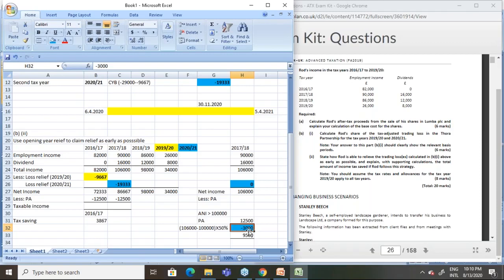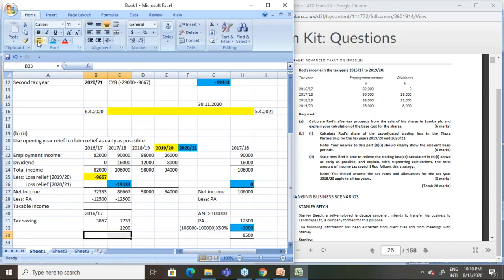So on this 19,333, I receive a tax saving at the rate of 40%. In addition to that, I receive another benefit, that is on this 3,000 where I was able to increase my personal allowance, I can save taxes at the rate of 40%, here 1,200.